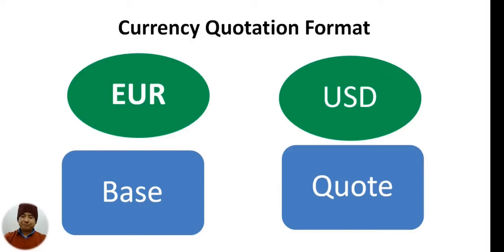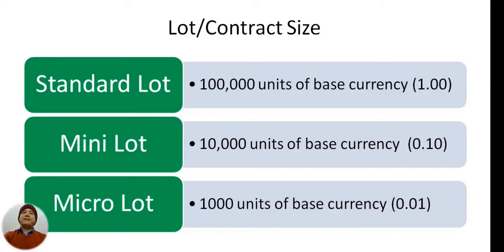And then in Forex, we have lot size, the contract size. There are three kinds of sizes. The first one is the standard lot, which is 100,000 units of the base currency, which is 1.00.